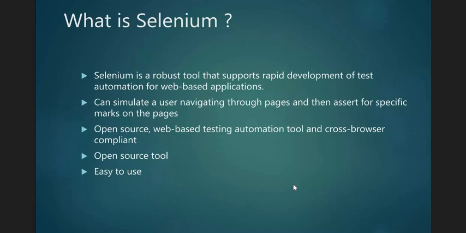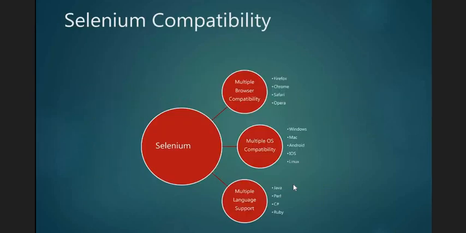Here we can use Selenium to simulate a user navigating through the different pages, and then we assert for specific marks on the pages. It is basically an open source, web-based testing automation tool, and it's very easy to use.